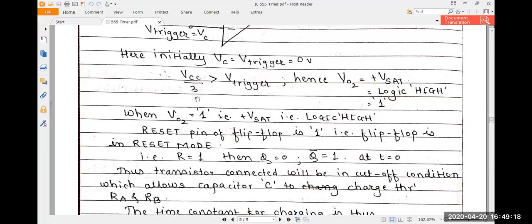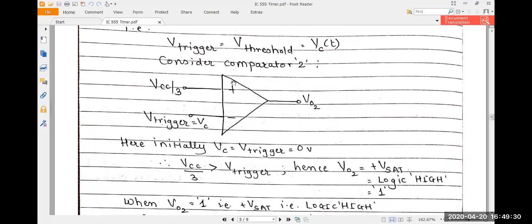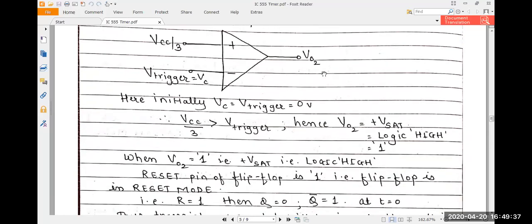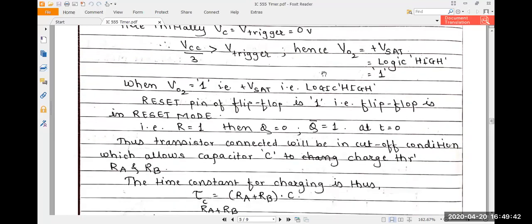Because we already know VCC by 3 is a DC voltage which will be there at the non-inverting terminal of comparator 2, and Vc, the voltage across the capacitor, from the equation V trigger equal to V threshold equal to Vc of t, at t equal to 0 we are assuming the voltage across the capacitor is 0. Hence we have this condition at t equal to 0, where our SR flip-flop would be in reset mode and Q bar is equal to 1.